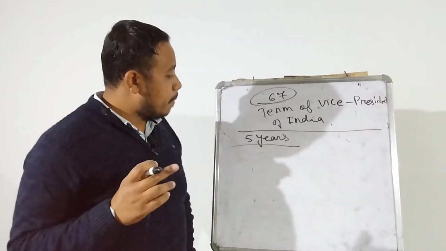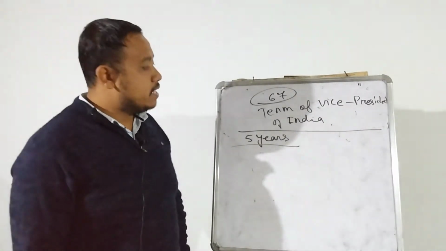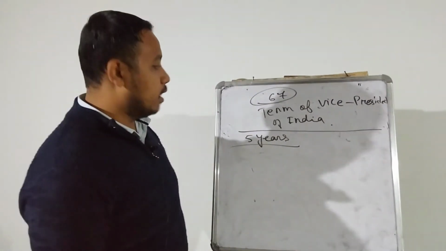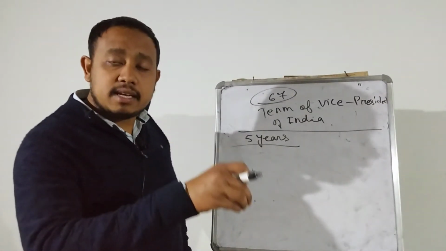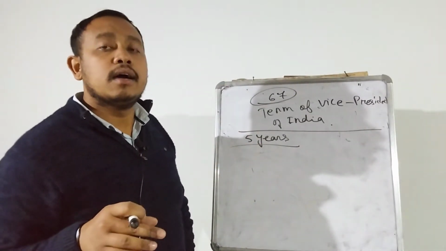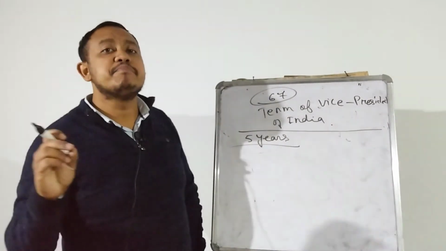The thing is how actually he can be removed. There is no formal removal for the Vice President of India. But for the President, there is a formal removal, and that removal is called impeachment.